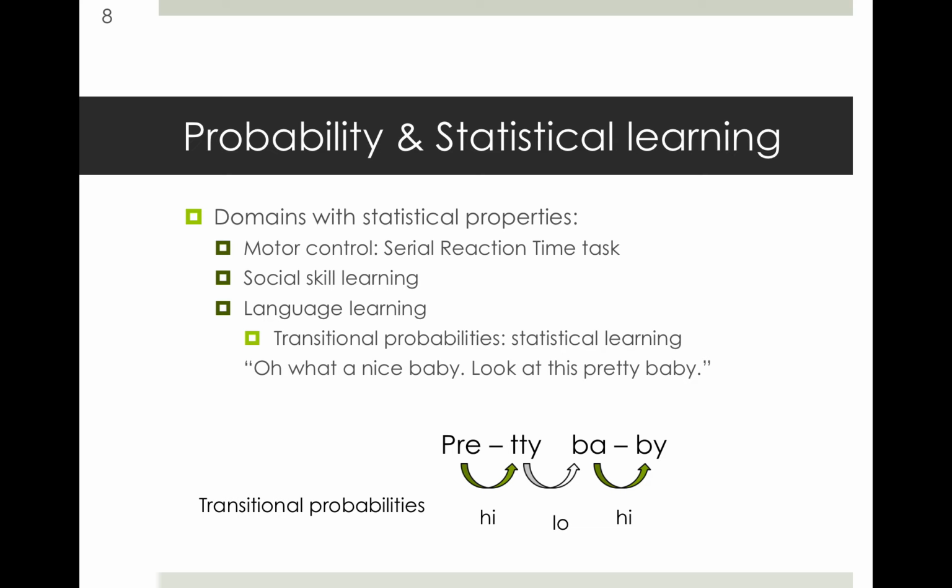And so what might these statistics of language sounds look like? So let's say you're a baby, and you're given this whole sentence, oh, what a nice baby, look at this pretty baby. It sounds like something you would say to a baby, right? So your system has to figure out what are words in your language. So you have to do the task of word segmentation, finding the boundaries between words.